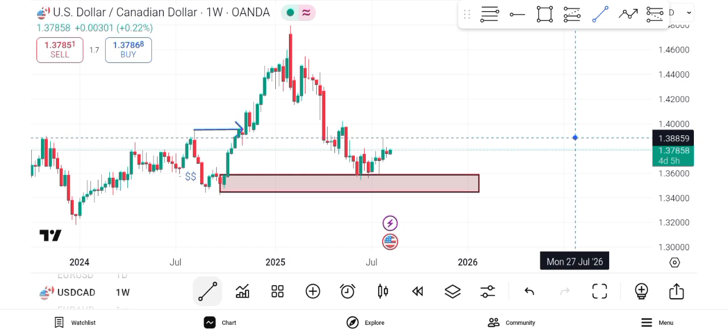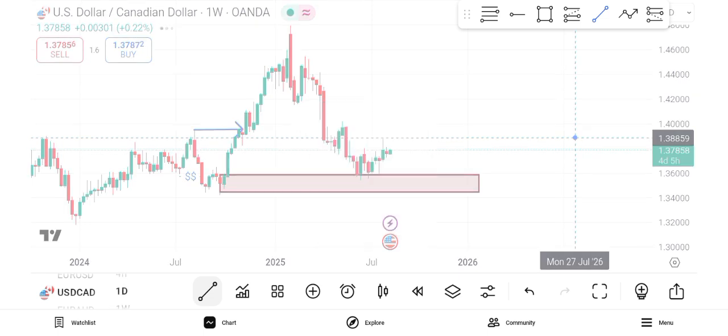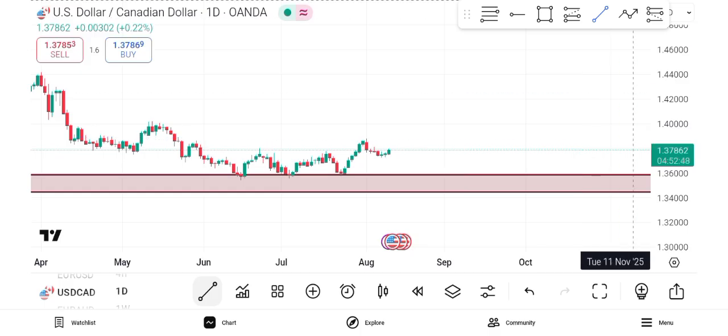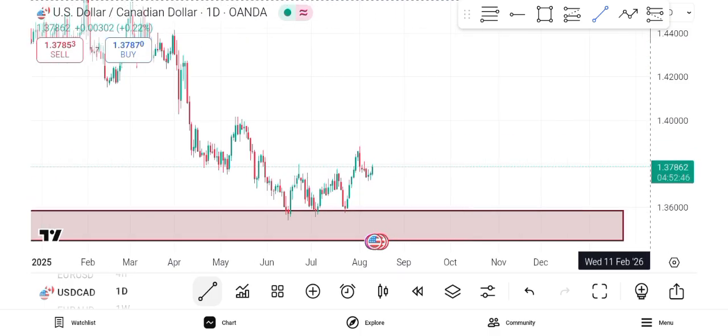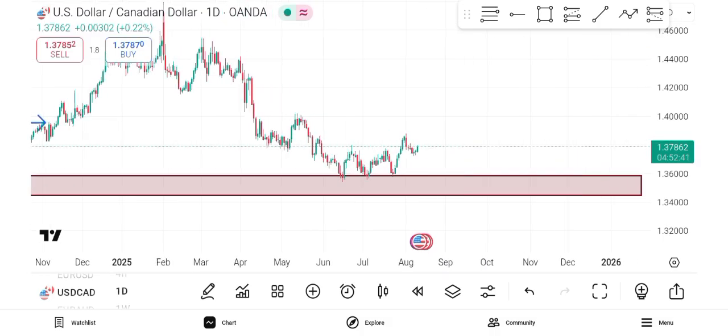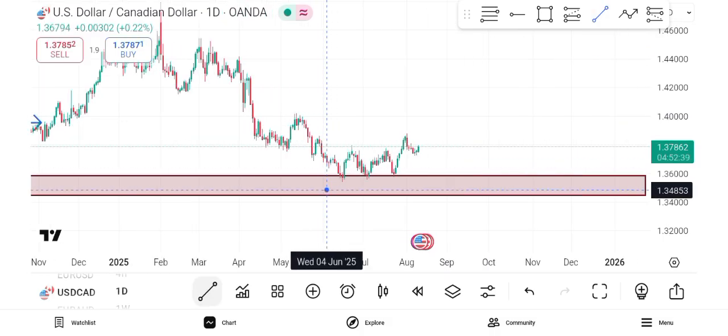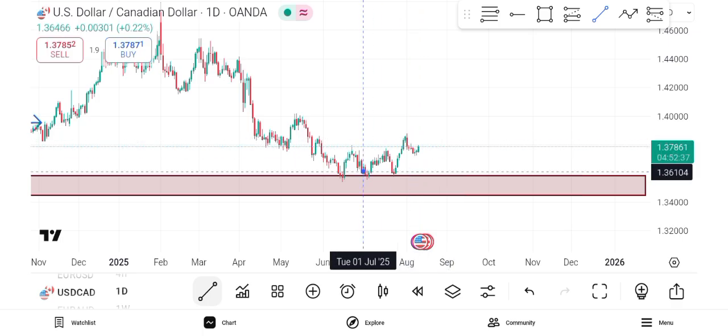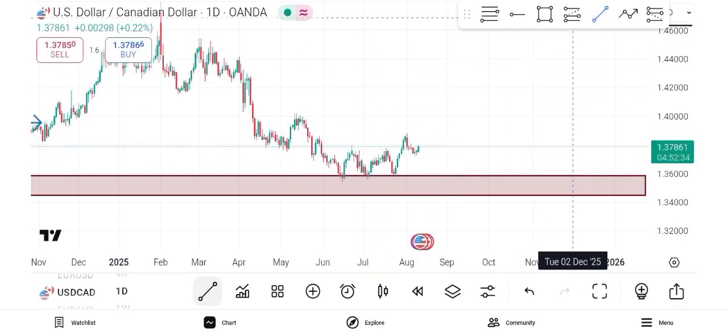So the next thing is that you go to the daily time frame. You understand me? What we are doing right now is focusing on this move. This move, that's what we are focusing on. This is a discount zone for the buyers now, and we are buying to the target of that.